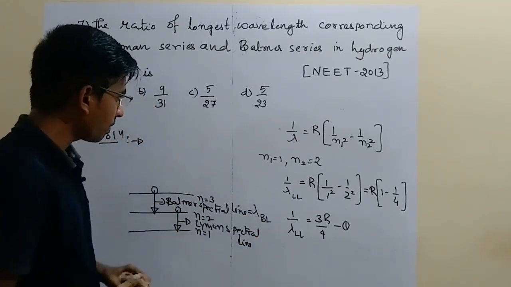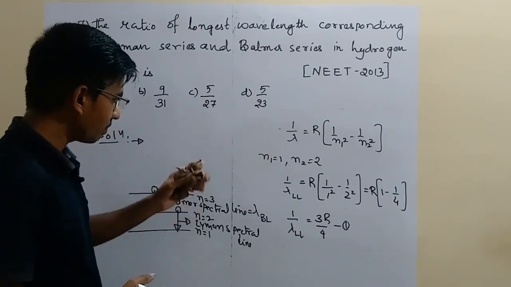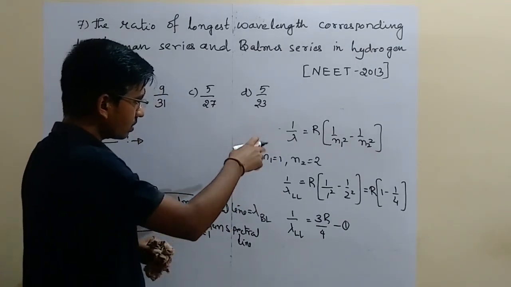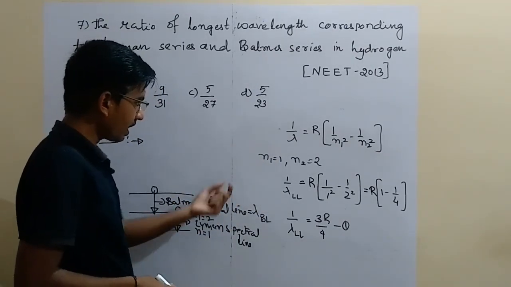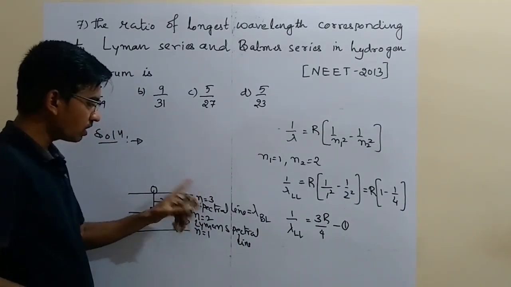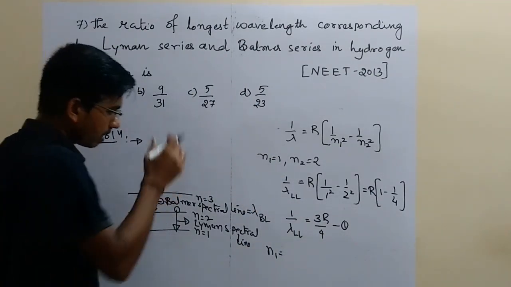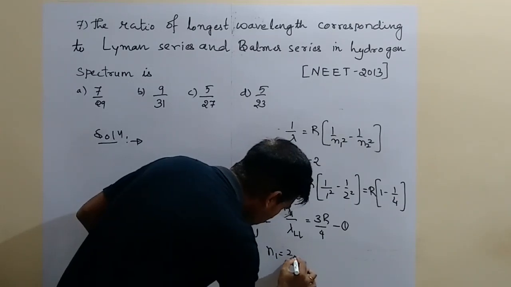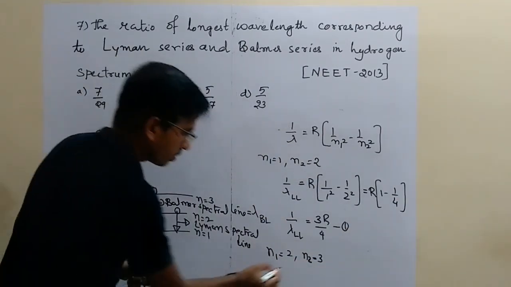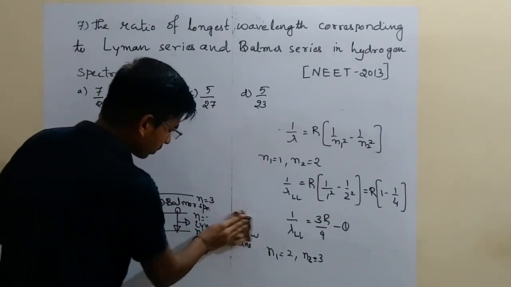By using the same formula, let us find the wavelength equation. I will directly apply the formula. For that I will extract n1 and n2. Here n1 is 2 and n2 is 3.